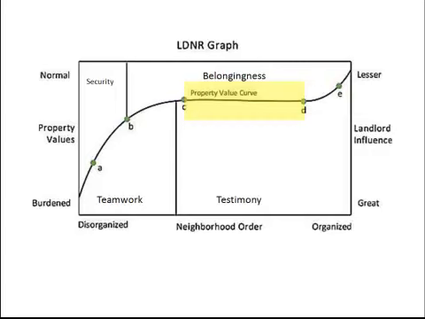To get to C, you need to change your strategies to go the rest of the way. Now you need to start dealing with belongingness issues for the neighbors and getting them to tell their testimonies. And at this point, you need to stop working so much with neighbors and start working more with business owners. That's really important with C because their interests are divergent.